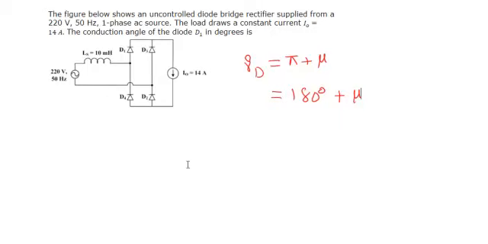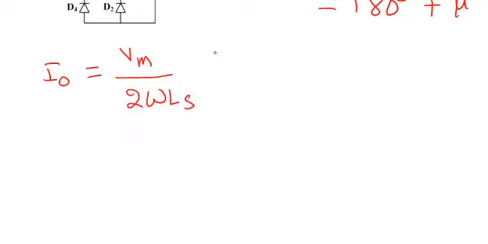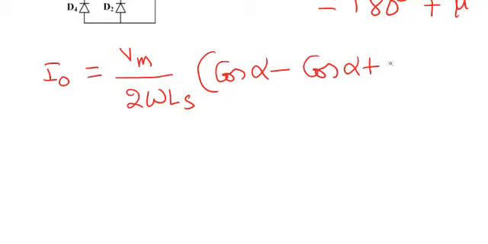So if you look here, I0 equals Vm divided by 2 omega Ls into cos alpha minus cos of alpha plus mu. This is what we discussed in case of the bridge rectifier with thyristor control.